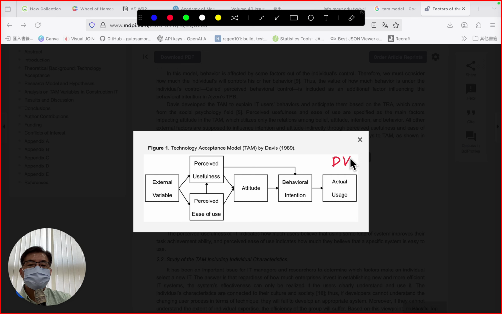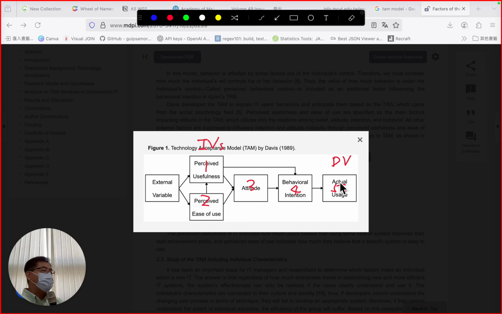Maybe one is a dependent variable, and there are the independent variables. So 1, 2, 3, 4, 5. 5 concepts, 5 constructs in this research framework or theory. So it's a research framework.